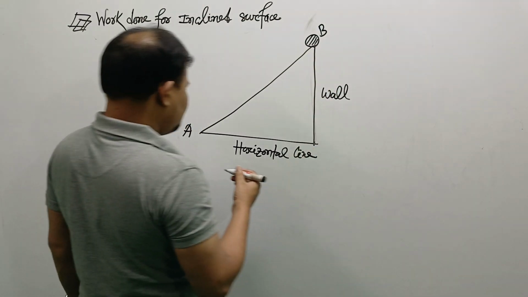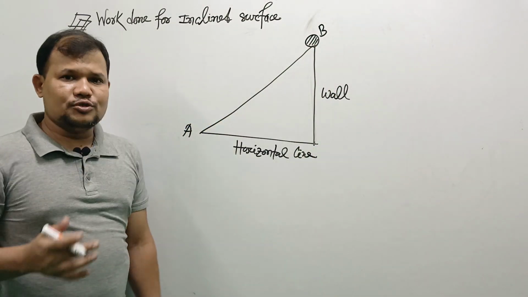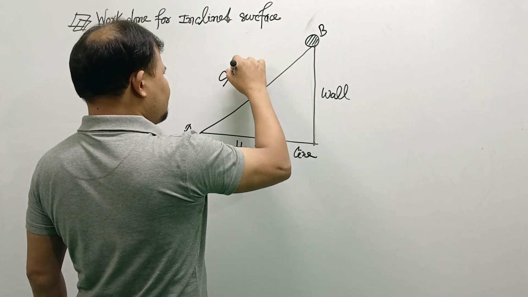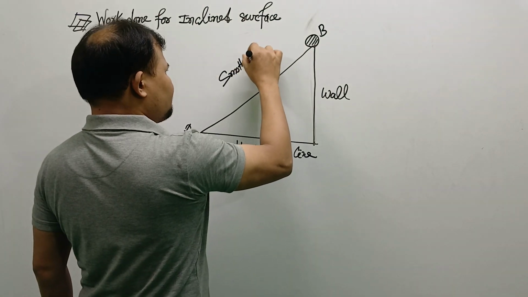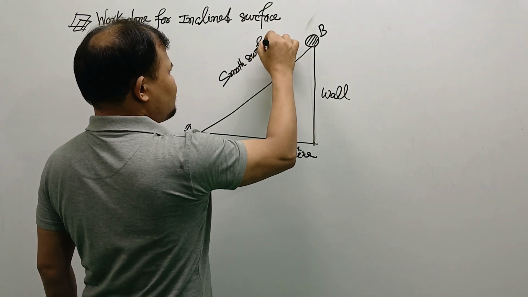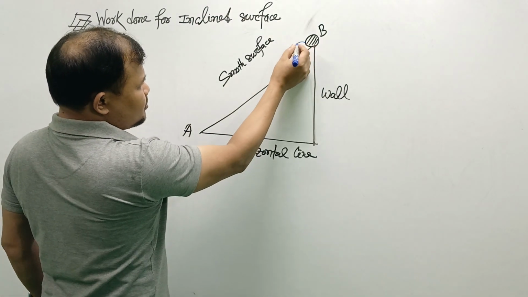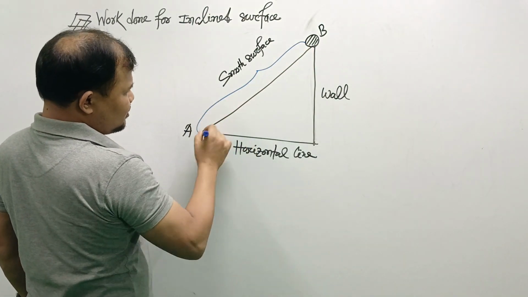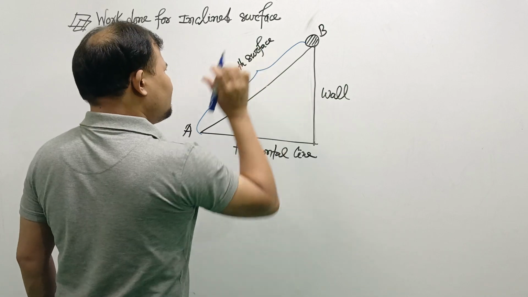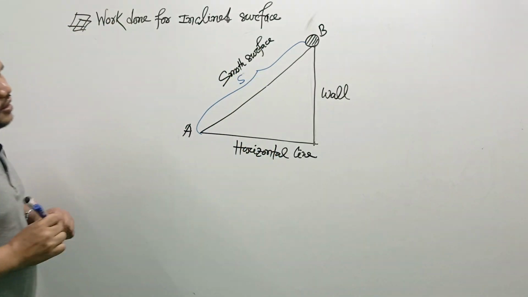The inclined surface AB is a smooth surface, and the distance of this smooth surface is S.